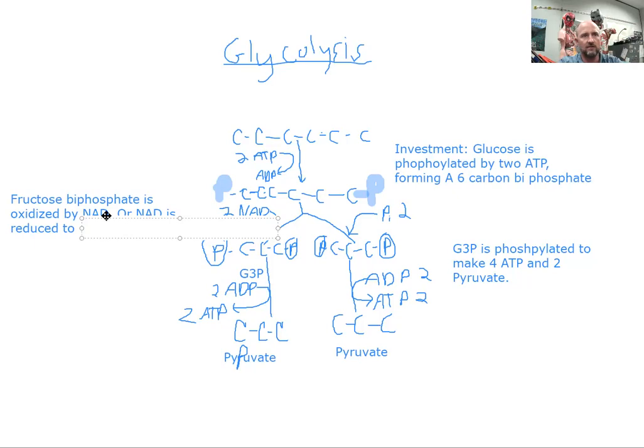Okay, forms 2 NADHs, and then in our harvesting stage, G3P is phosphorylated to make 4 ATP and 2 pyruvate.